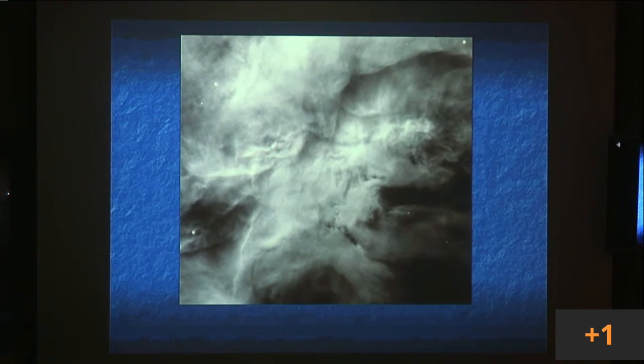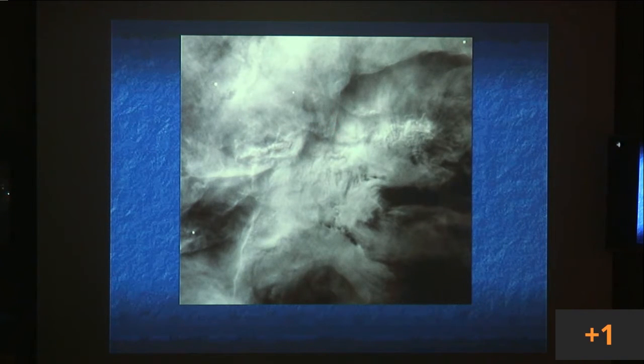So it's moving out from behind the ionized layer here at about 150 kilometers per second. So we're actually seeing a jet that originates from an embedded star, optically invisible, that lies back here.